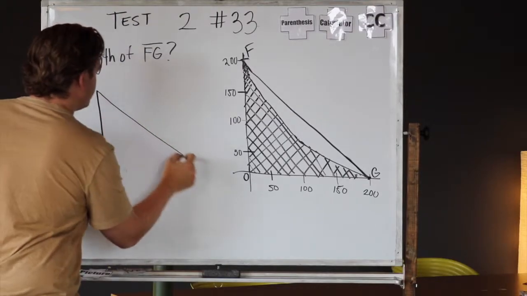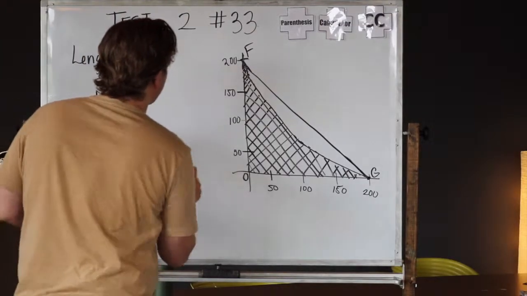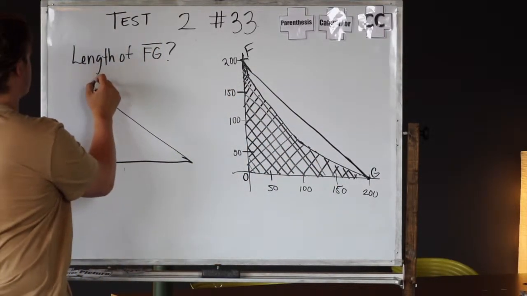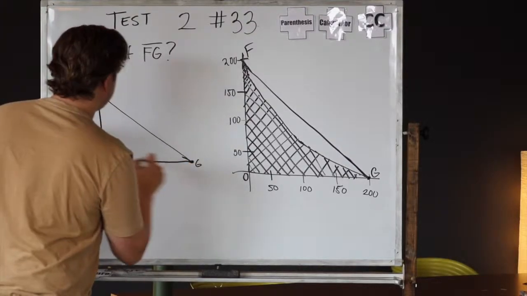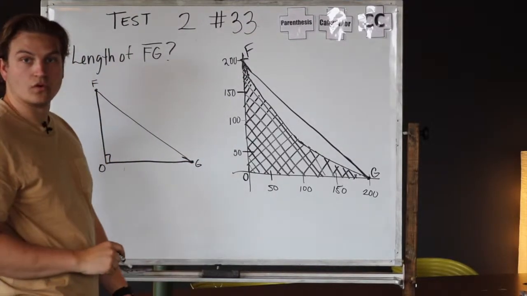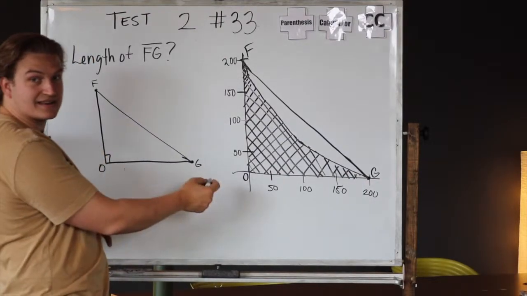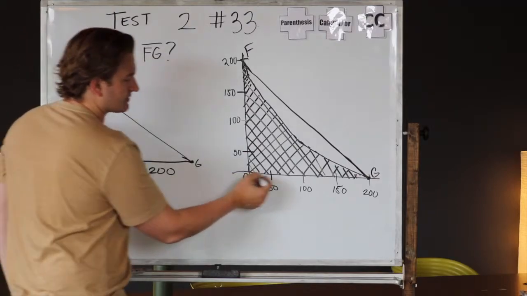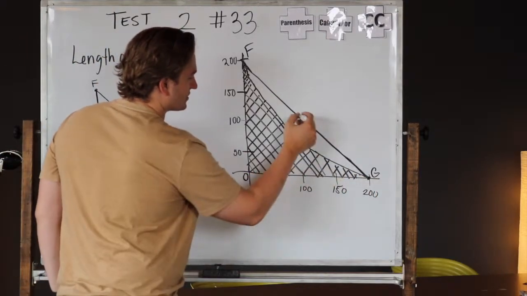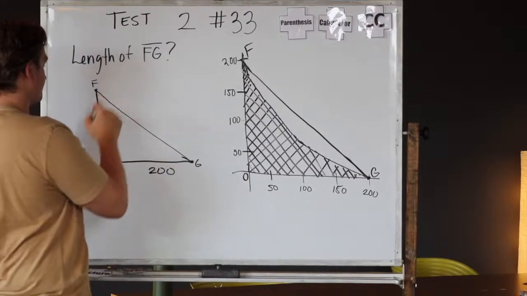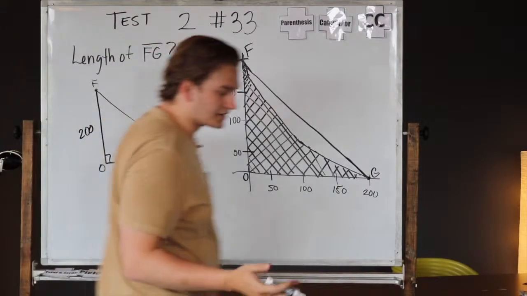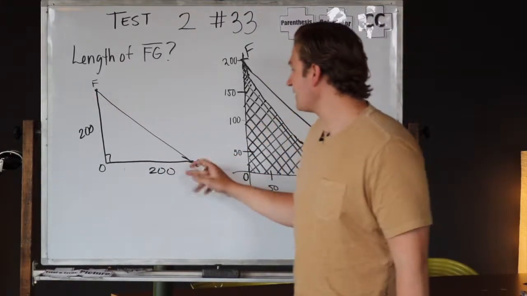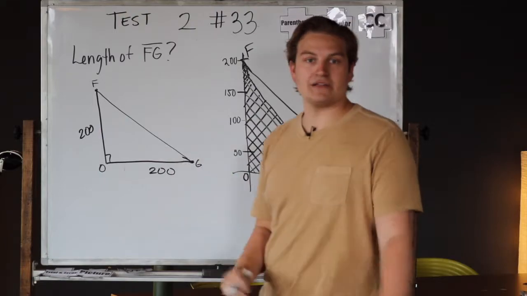In this picture, if you ignore the curved line and the shaded region, we're actually looking at a right triangle with this bottom side having a length of 200, because from 0 to 200 is where it's under this straight line, and this vertical side also has a length of 200. So we have a right triangle where the two shorter sides are 200, and we want to find the length of FG, which is the hypotenuse of a right triangle.